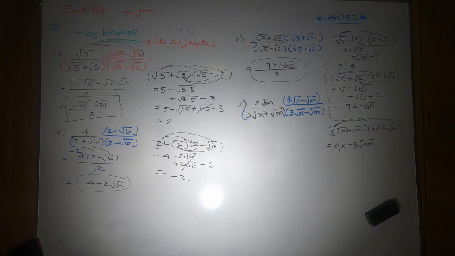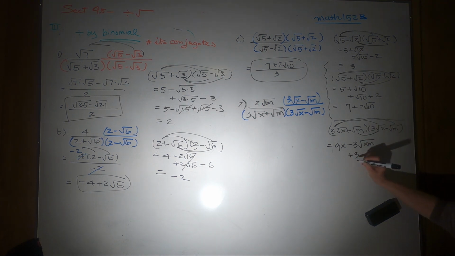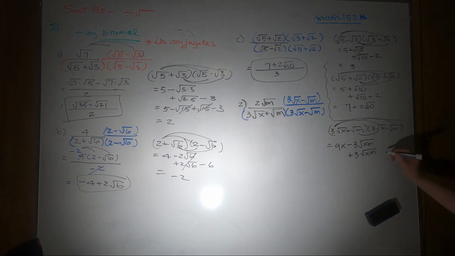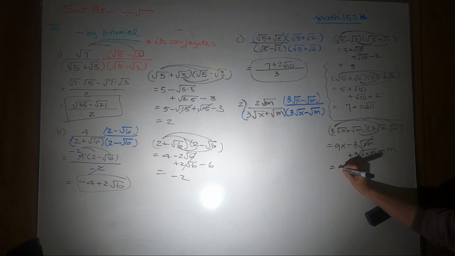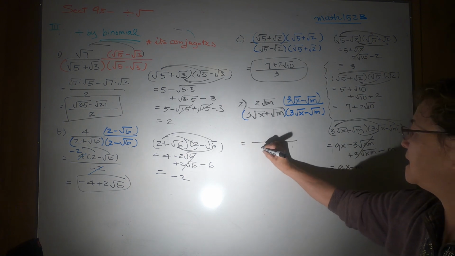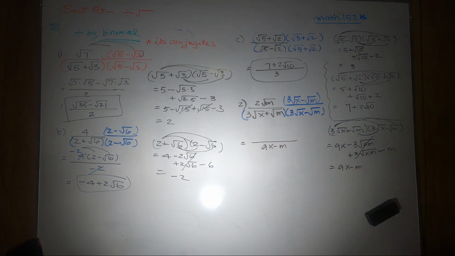Then next one, square root of m times 3 square root of x would be positive, right? m and x, xm, they are the same. The last term would be what? Minus square root of m times square root of m is what? m. Then middle terms cancel out. So you have what? 9x minus m. So do we eliminate the crazy things in the denominator?